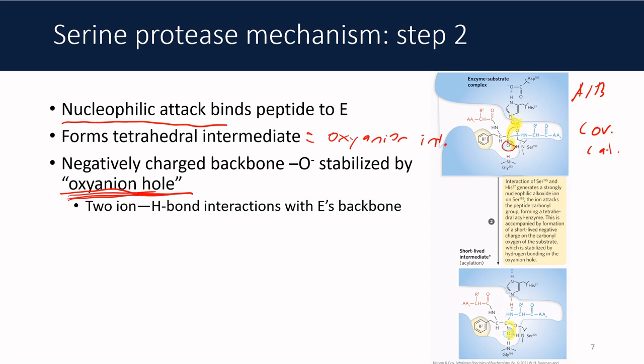It is formed from two backbone NH groups of this glycine and the attacking serine. You can think of these NH groups as forming a hydrogen bond with the transient CO- that forms.